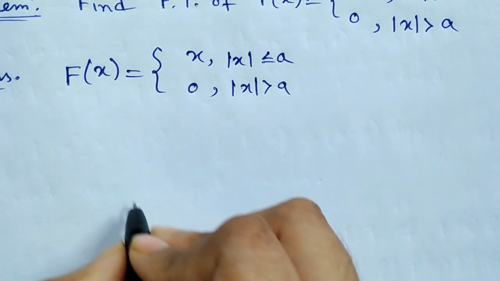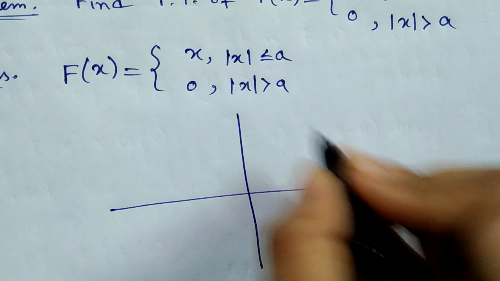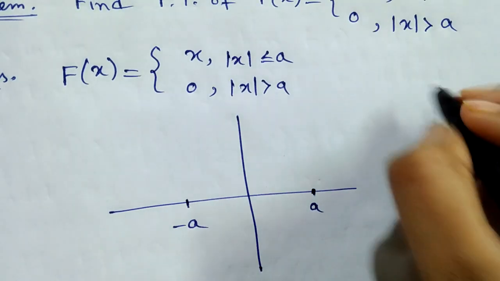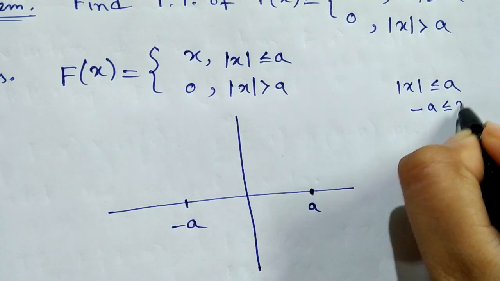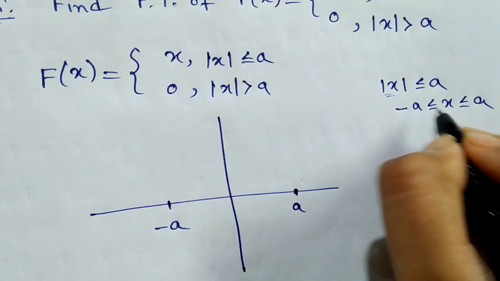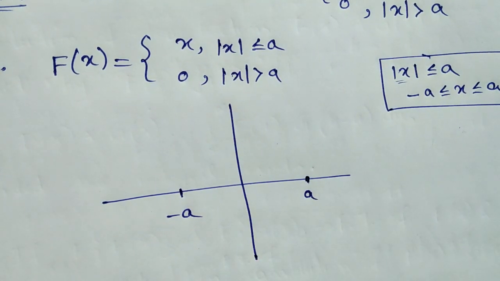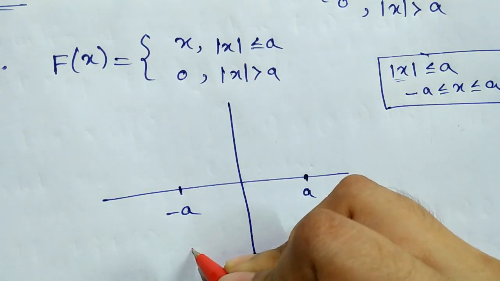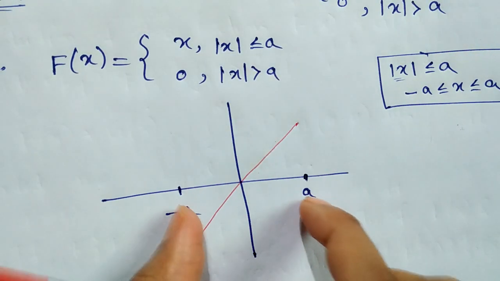Now if we graphically see this function, and if a is any real number, suppose this is a and this is the corresponding minus a. Now mod x less than or equal to a means that minus a less than or equal to x less than or equal to a. So in between minus a to a, our function value is x, that is our function value in this range.